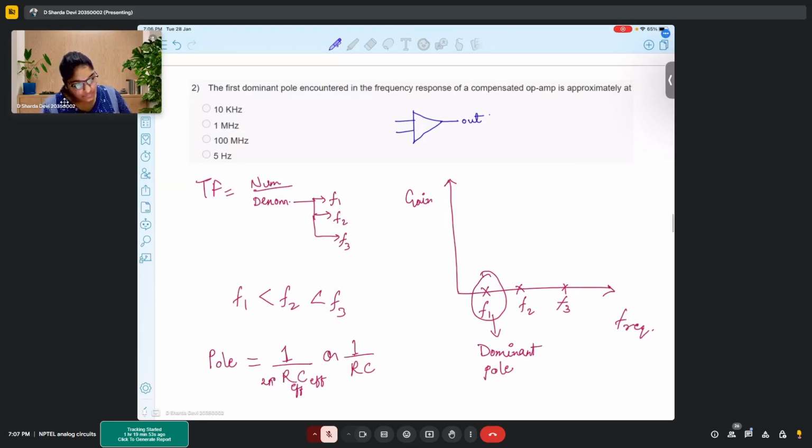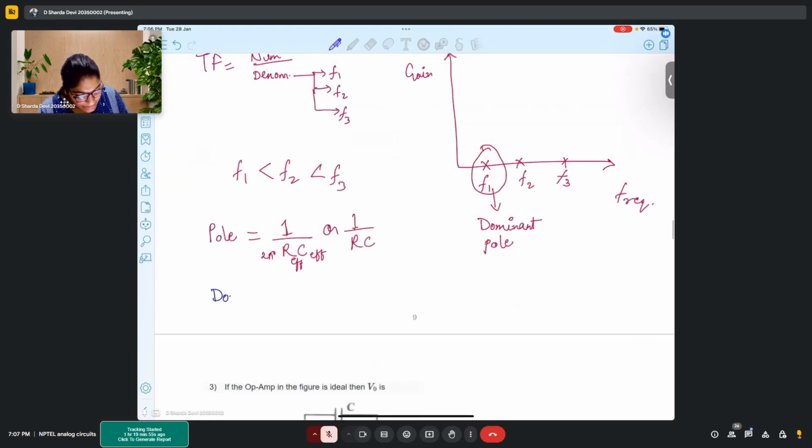Now, if I say dominant pole, it means the pole frequency is very, very small.